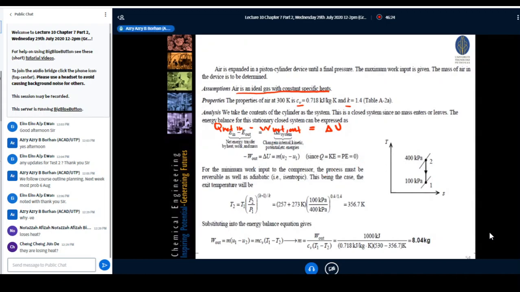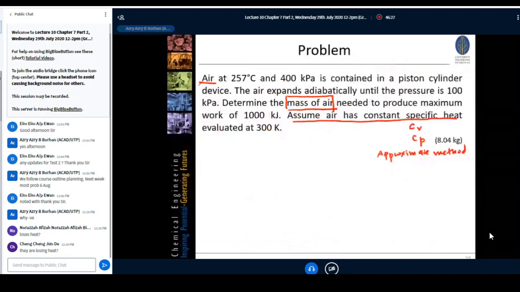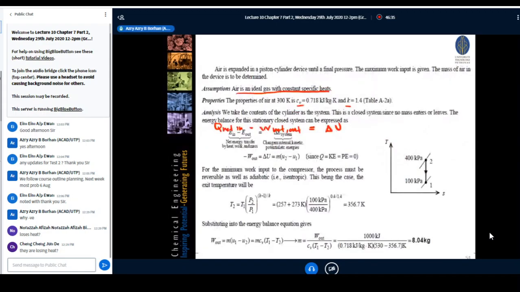Now, it's already mentioned that the air expands adiabatically, right? So we do not have any Q. So that's why minus W out is equivalent to delta U, right?